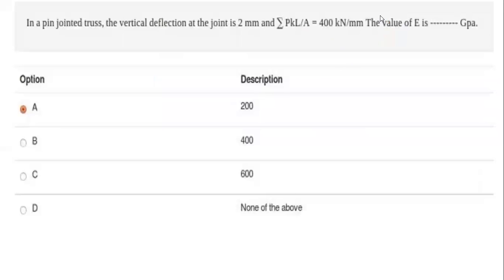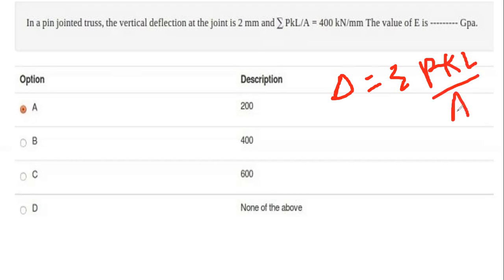A pin jointed truss has a vertical deflection at a joint of 2 mm. Summation PKL by A is 400 kilonewton per meter. What is the value of E? We know that deflection for a truss is given by summation PKL divided by AE.